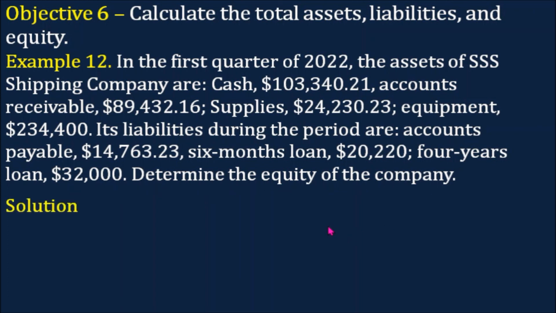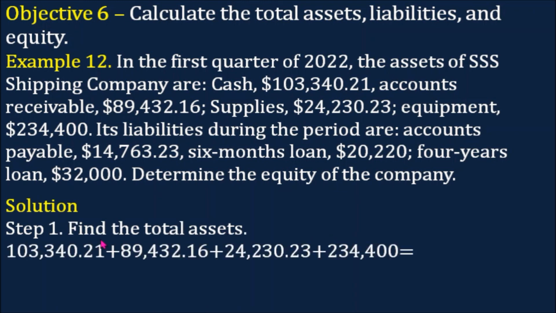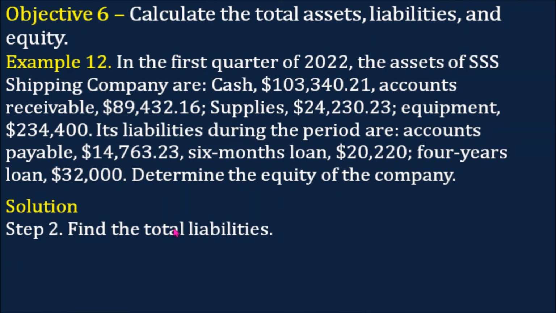First, we are going to find the total assets. So these are the assets: the cash, accounts receivable, supplies, equipment. The sum of these four amounts is $451,402.60. Then we are going to find the total liabilities.